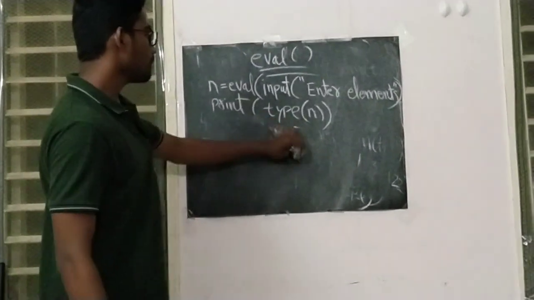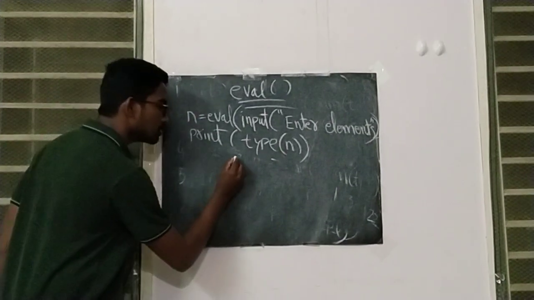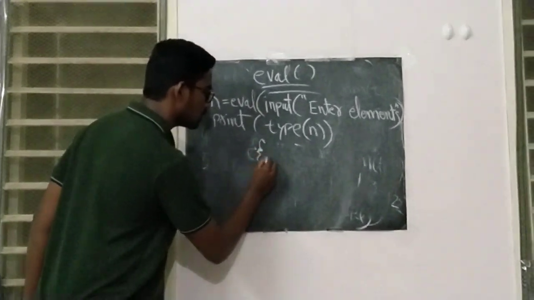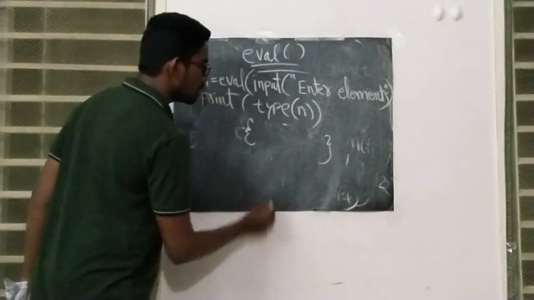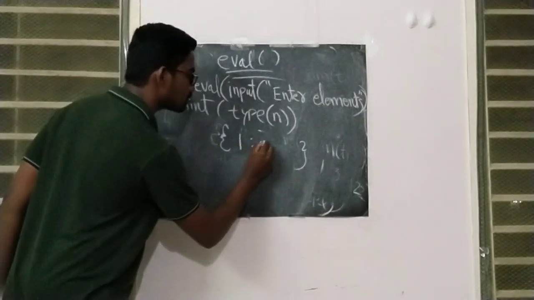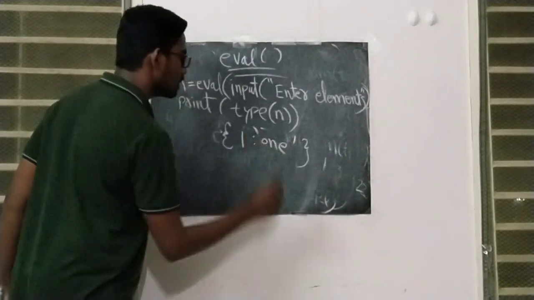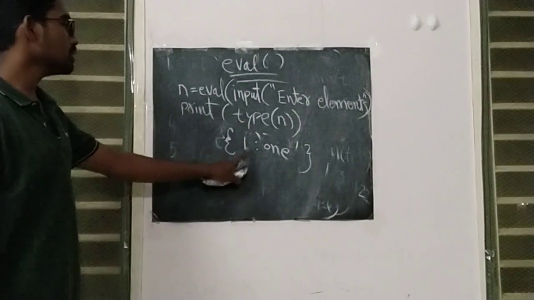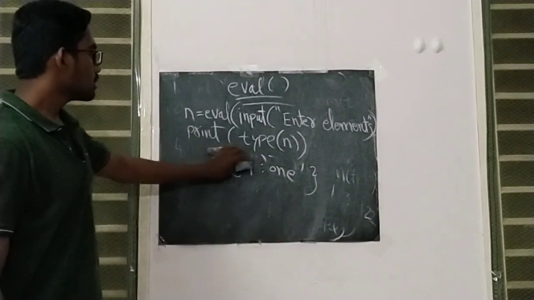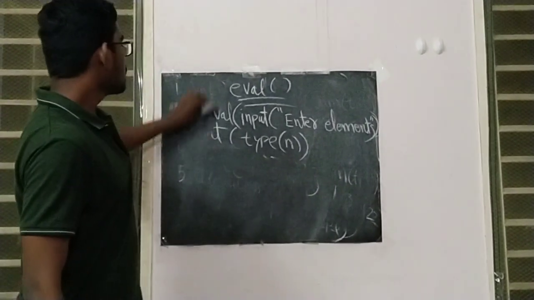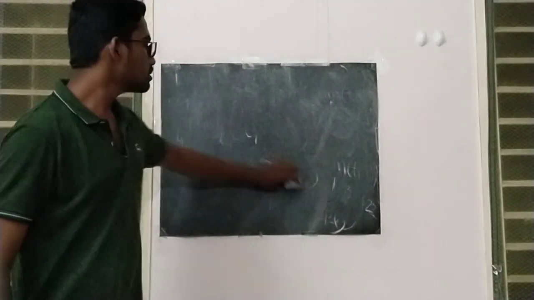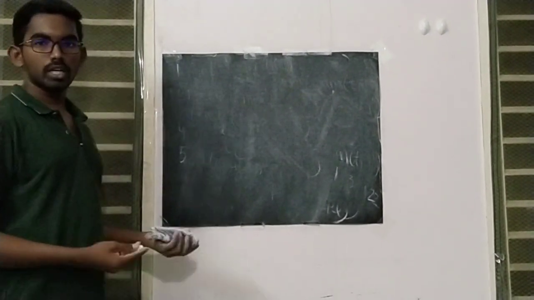In the same way, if you enter the elements in the form of key values, for example 1, it is a dictionary, so the type of n will be a dictionary. So the eval function is used to determine whether the typed elements are a list or a tuple or any other types.